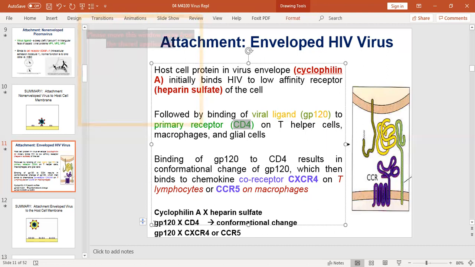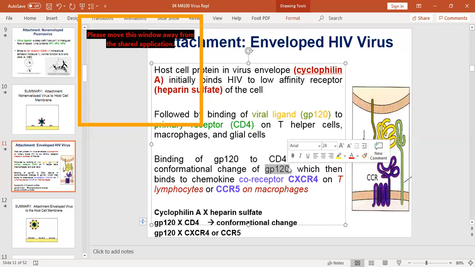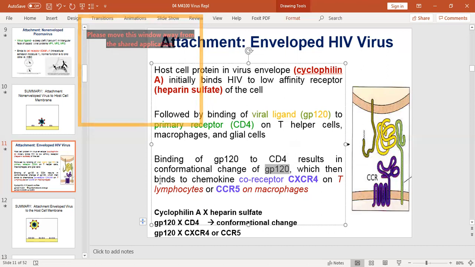Upon binding of GP120 of virus to CD4 on the surface of host cell, there would be a conformational change in the GP120. After this conformational change, GP120 binds to two other receptors on two different cell types.